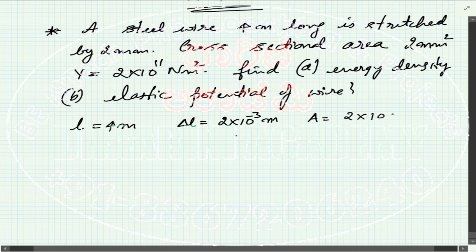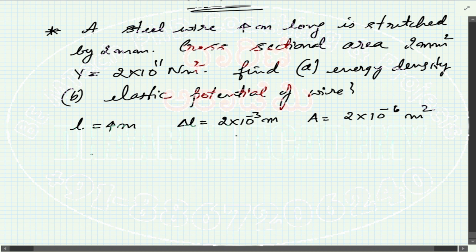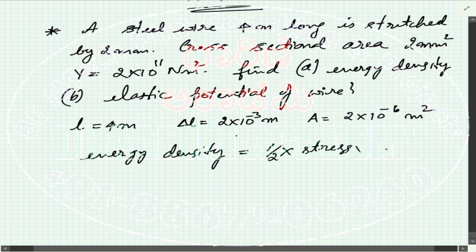So milli is 10 to the minus 3, squared is minus 6. Minus 3 into 2 is minus 6 meters square. Then the Y is anyway given. So you can calculate the energy density, that is equal to half times the stress into the strain.